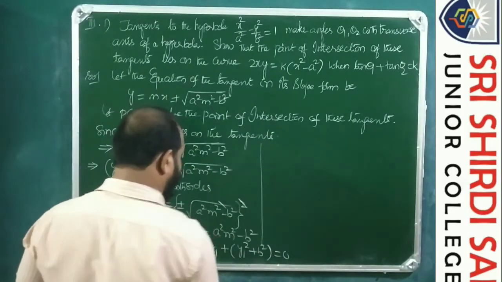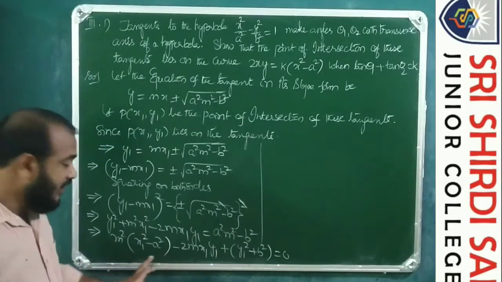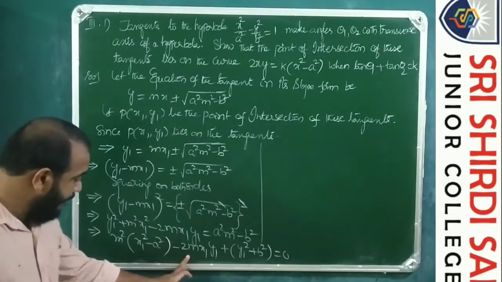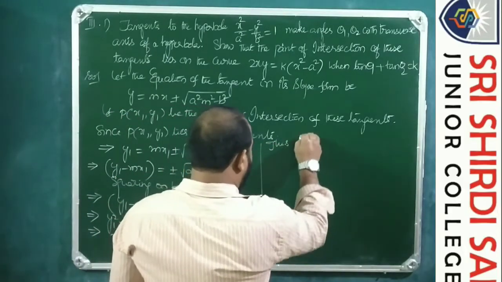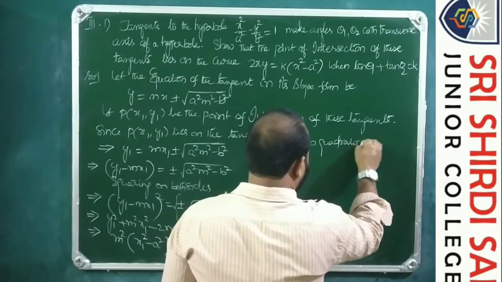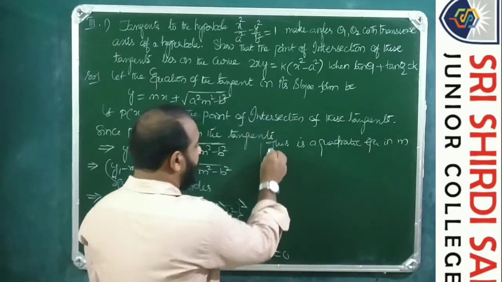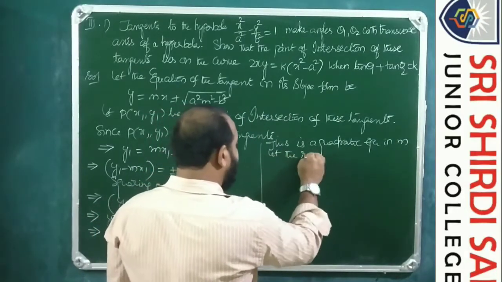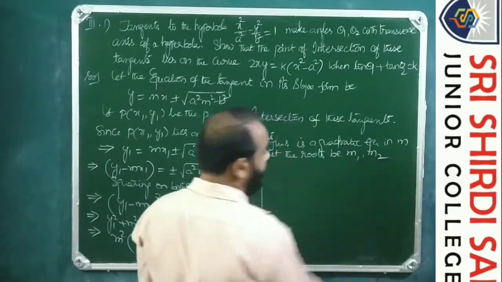So this is clearly a quadratic equation in m. Let the roots be m1 and m2.